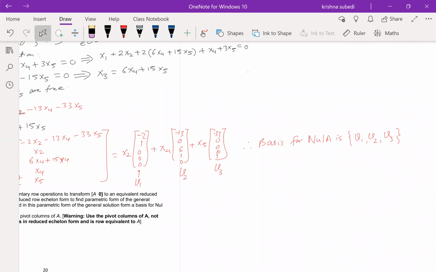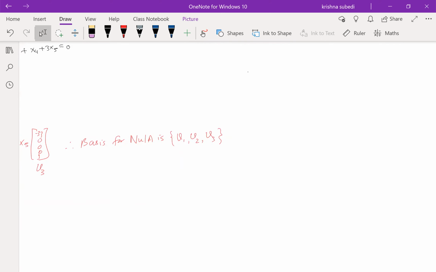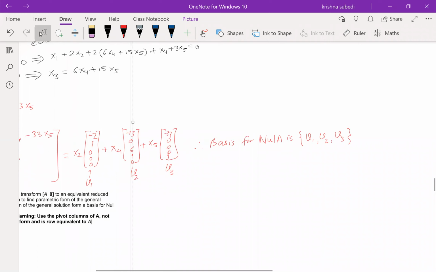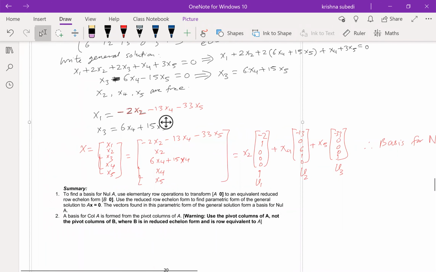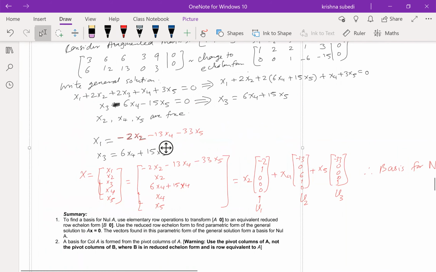So you learned how to find the null space and how to find the column space, and that's it for this section, 4.3. There is no other questions, so I think we are done with this section.